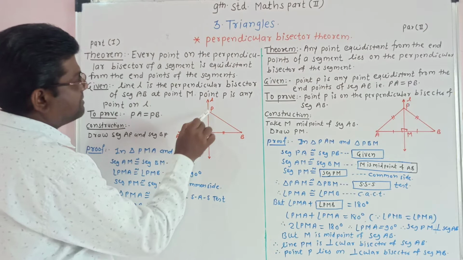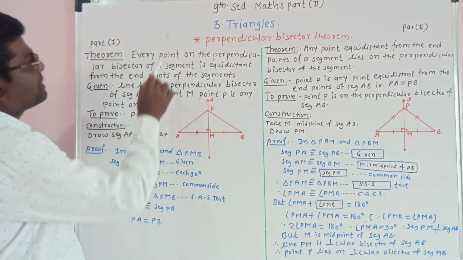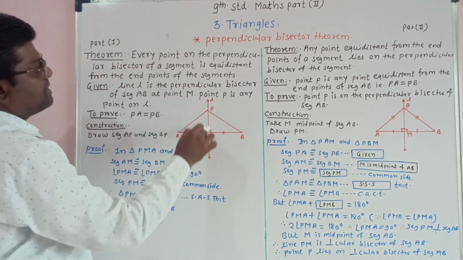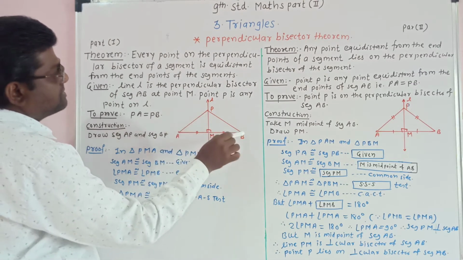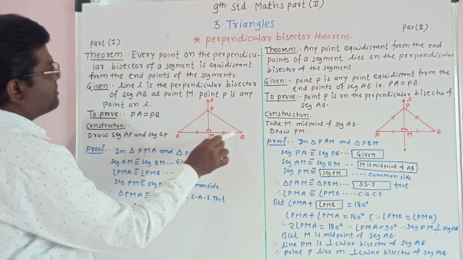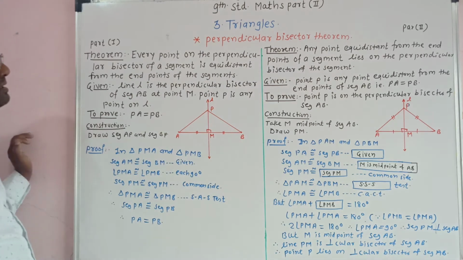Then PA is equal to PB. So every point on the perpendicular bisector of a segment is equidistant from the endpoints of the segment. This is the perpendicular bisector theorem.